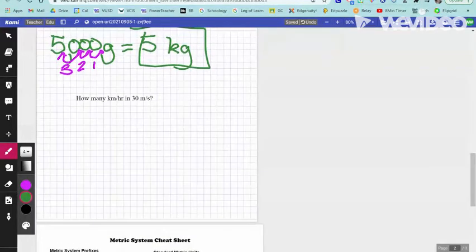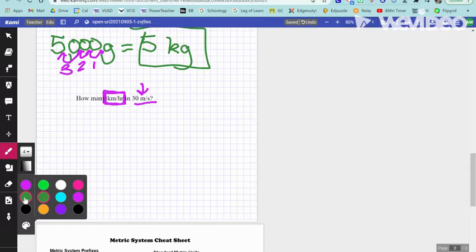Now, we are going to get to a point where it's a little more complicated. So kilometers per hour in 30 meters per second. Now, you want to figure out what information they give you, and you start there. And then you use different conversions to get to that end point, the one they're asking you for.